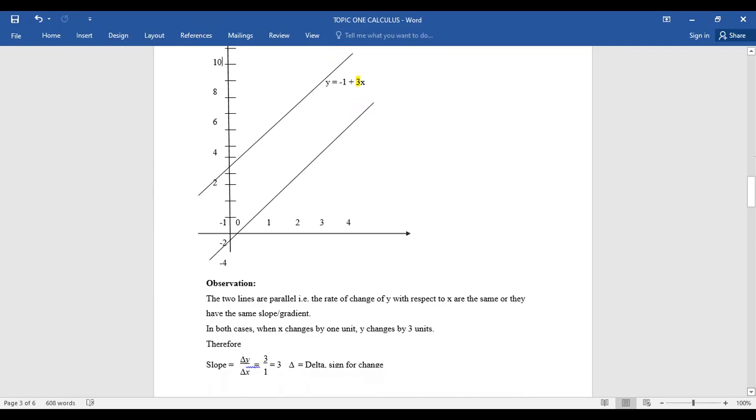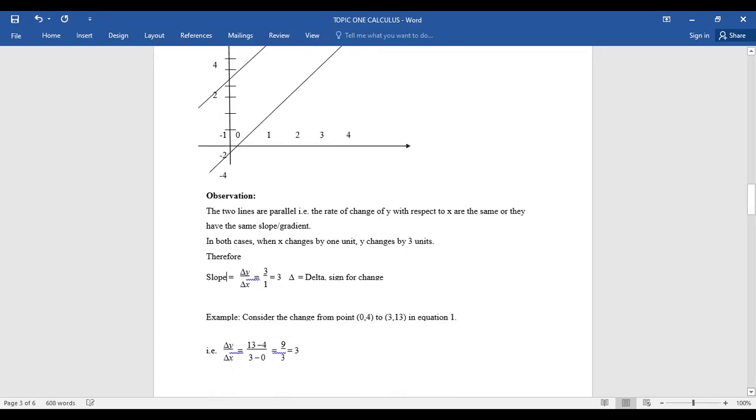So the slope or the gradient, what we call the b, is given by the change in y over the change in x.